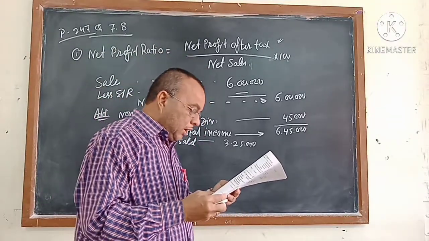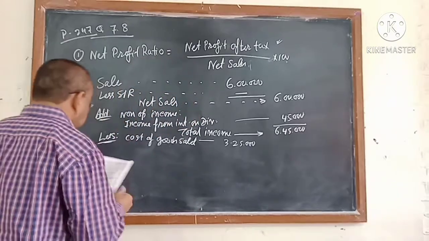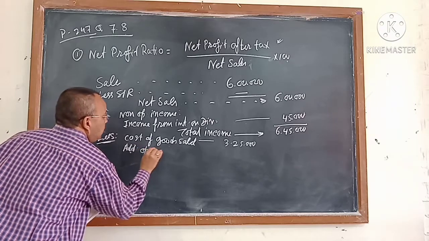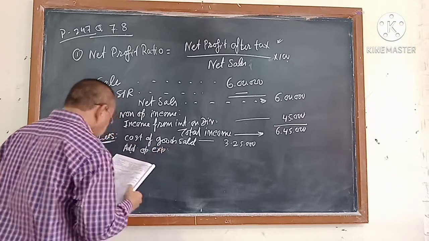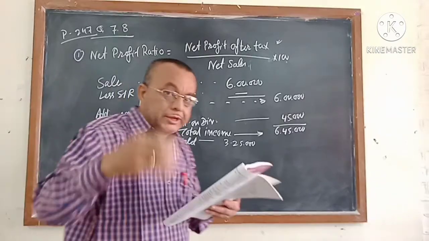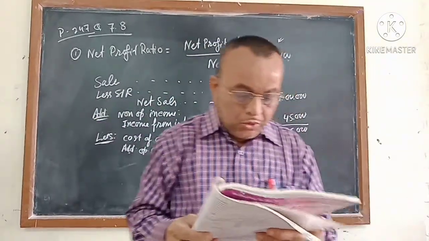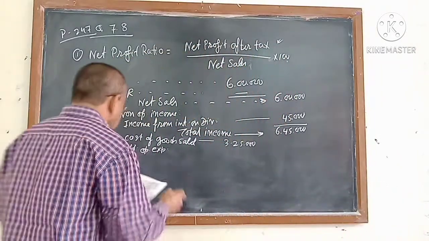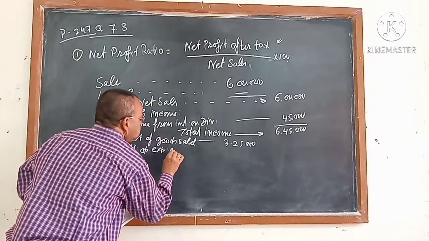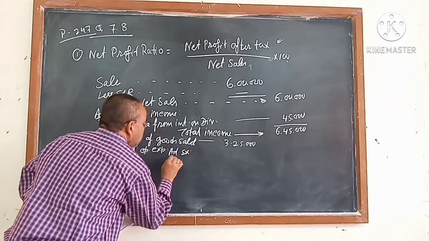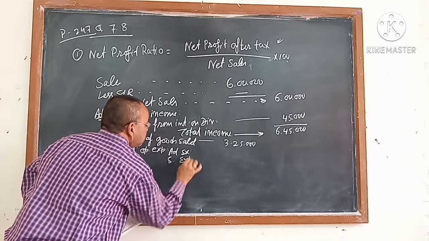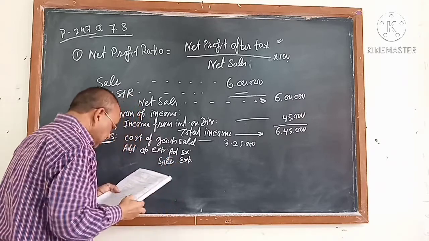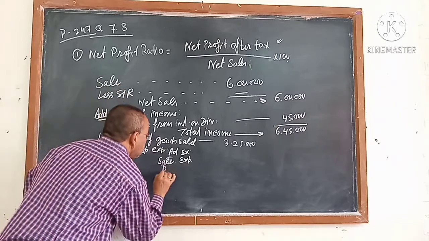And we will add the operating expense. Here we will add the operating expense. Operating expense, what are the expenses it is coming? According to your book, the administration expense, sales expense and depreciation expense. It is given the administration expense, sales expense, and depreciation.